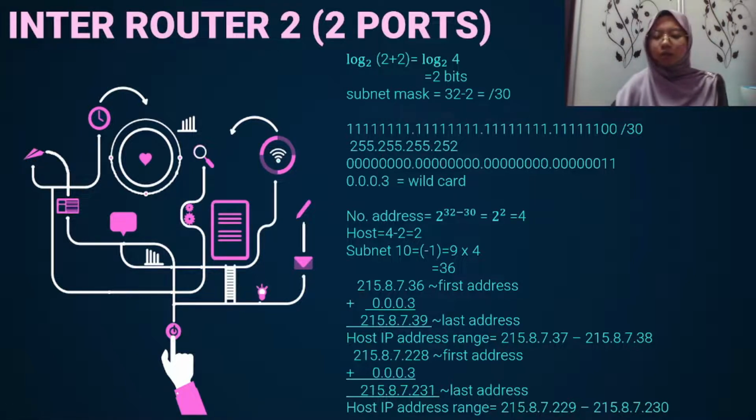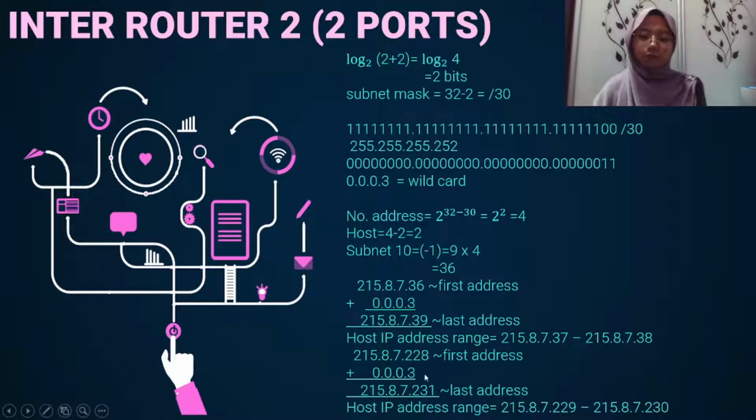So 215.8.7.228 plus the wildcard, which is 0.0.0.3, and then we get 215.8.7.231 for our last address in internetwork 2.